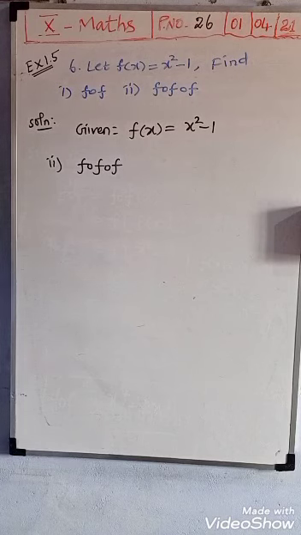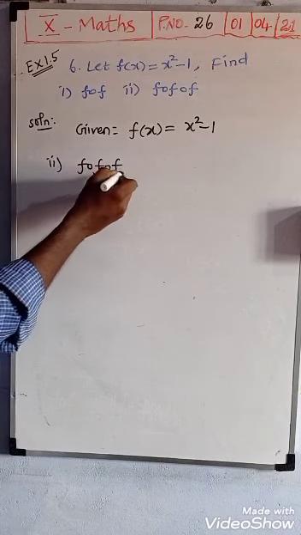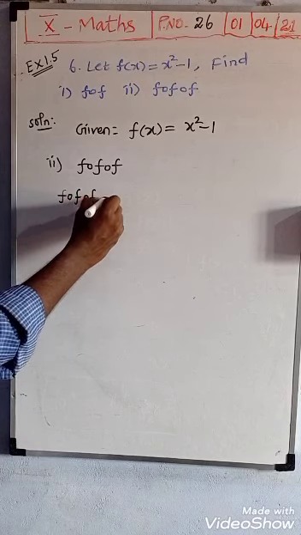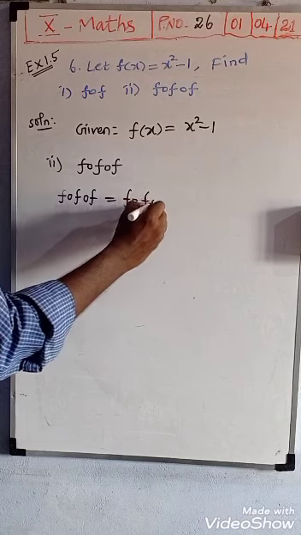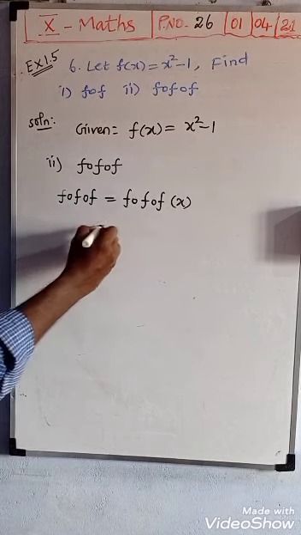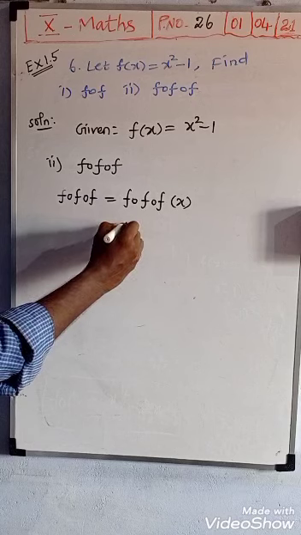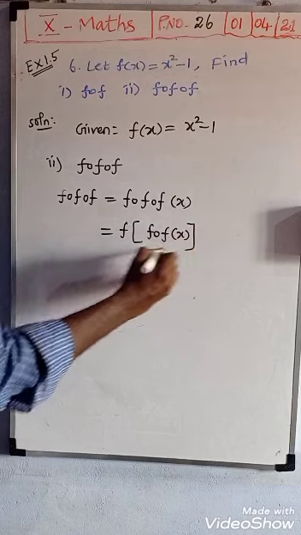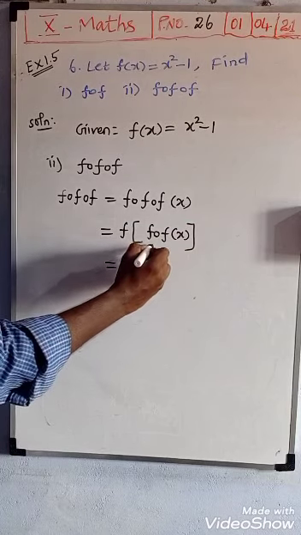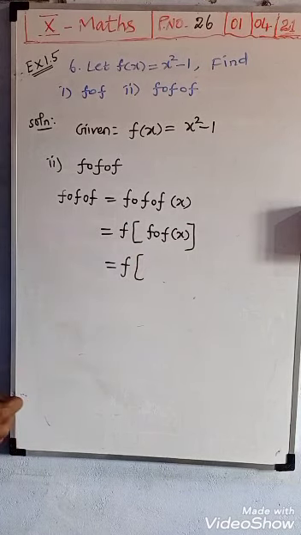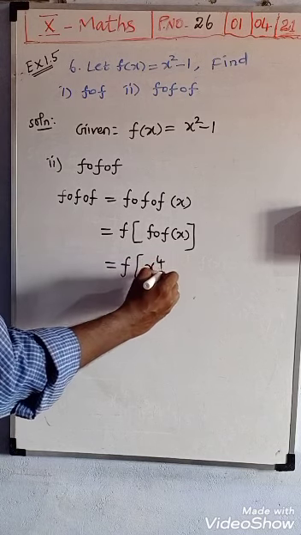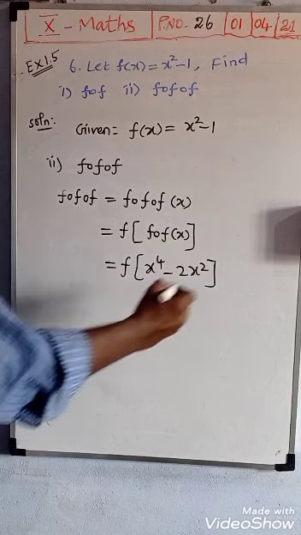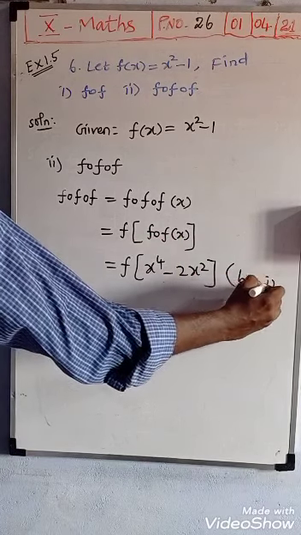See the next, second point, f composition of f composition f. So f composition of f composition f of x we can write as f of (f composition f of x). This value we got before, which is x power 4 minus 2x squared, received from the first point.